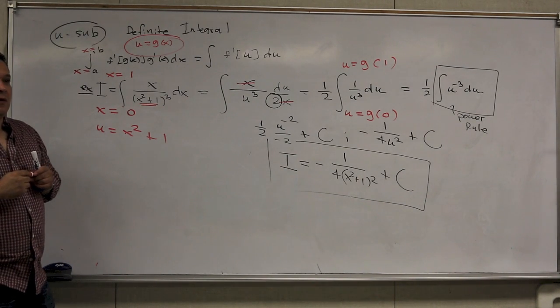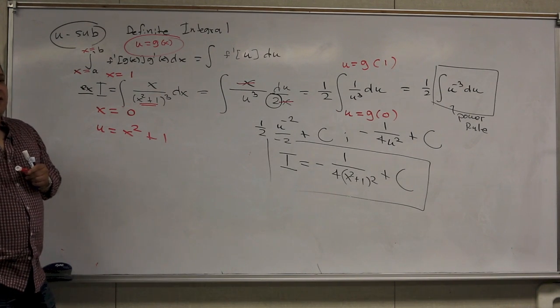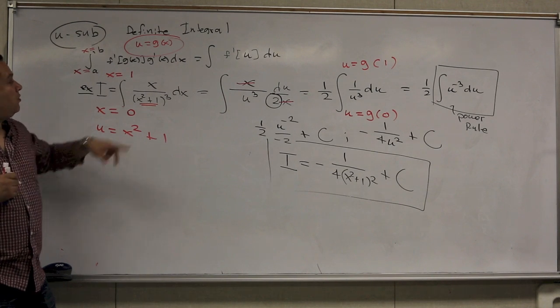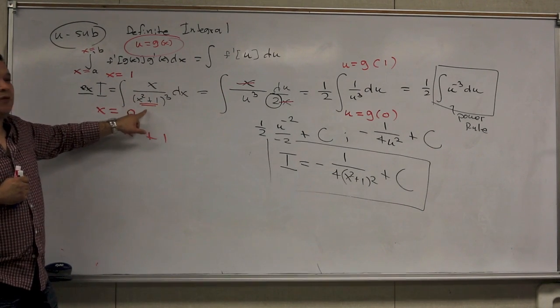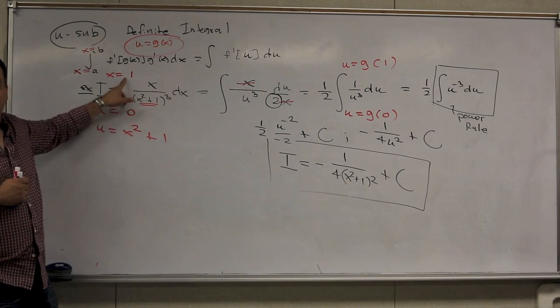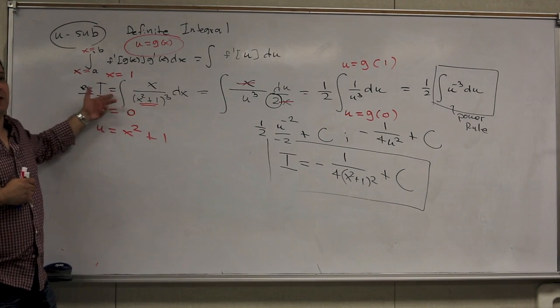Yes? How'd you get the x equal to 1 and x equal to 0? I made it up. It didn't fall out of the sky. I decided let's use 0 and 1. Also, is it integrable? Is this function continuous over the interval 0, 1? So don't just make it up. I'm a professional, I could do it.